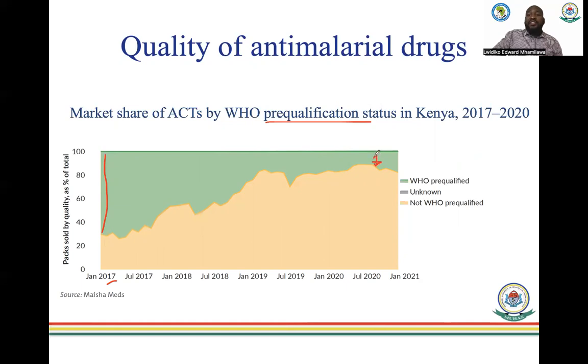Now, this increase in the ACTs that are not WHO pre-qualified is risky, because it doesn't necessarily mean that these medications are substandard or counterfeit. It's just that they are of unknown quality, right?